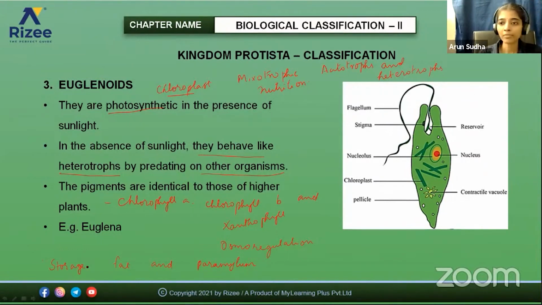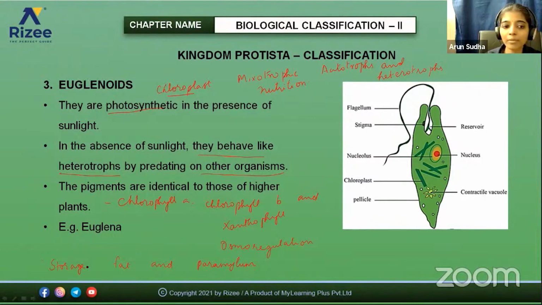So these are the specific features of euglenoids. They are photosynthetic in the presence of sunlight, but in the absence of sunlight, they behave like heterotrophs by predating on other organisms. So even if there is no light, they can survive by depending on other organisms. The pigments are identical to those of higher plants.